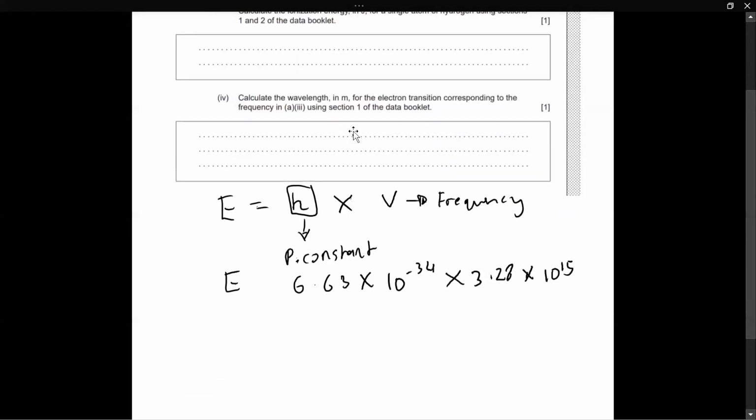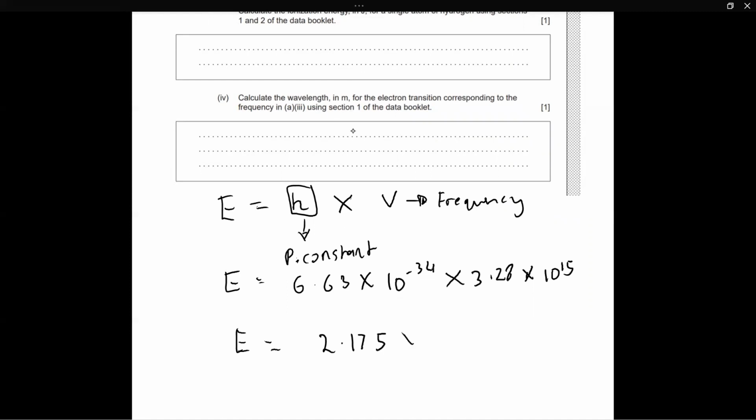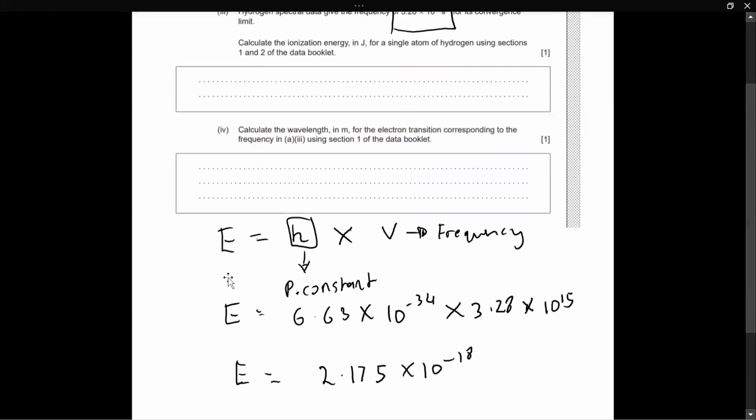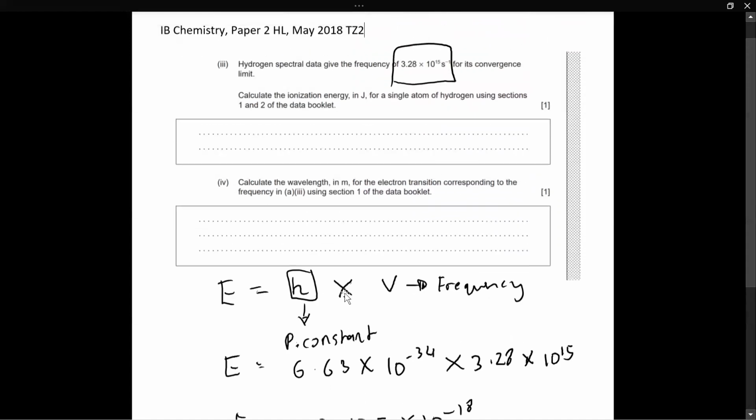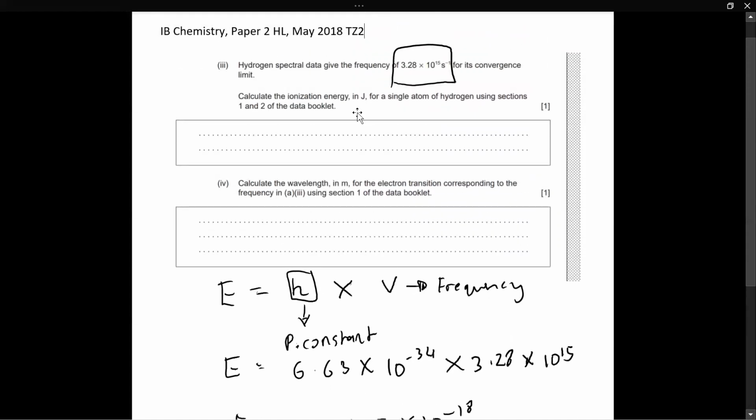You should be getting your answer as E is equal to 2.175 times 10 to the power of negative 18. That's basically the answer to the first question. Easy. You got 1 mark in the bag. You just have to input values. Nothing too complicated.